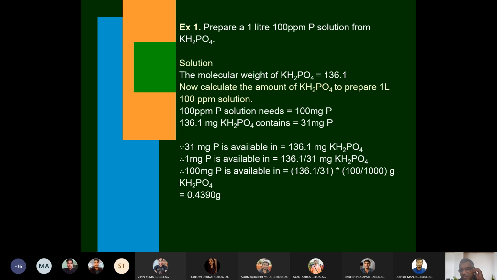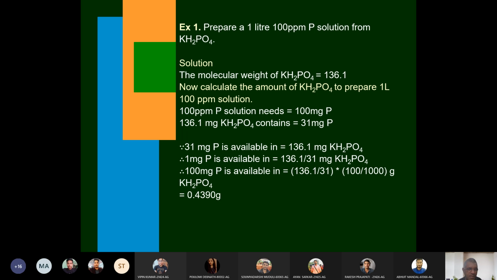Or sometimes you need to prepare a stock solution, from which you can prepare working solutions by dilution. So many times you are asked to prepare a solution in ppm, milligram per kg, or milligram per liter. This is the most common solution you prepare in the lab.